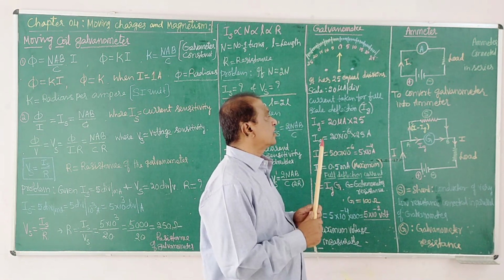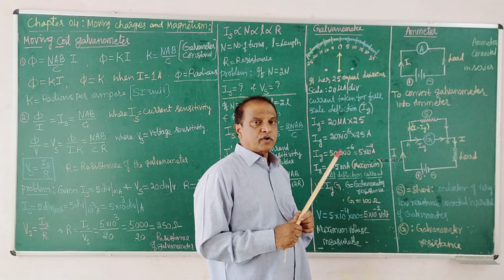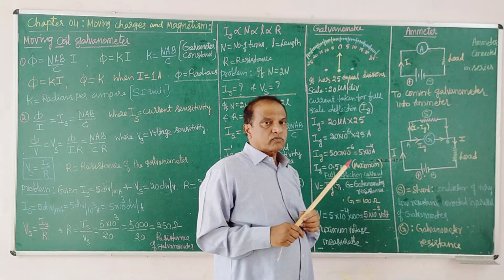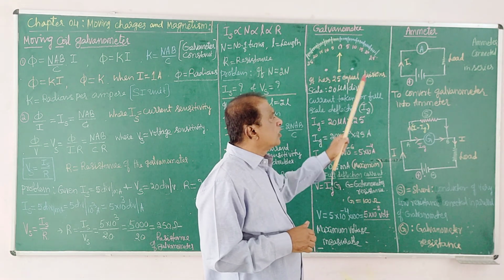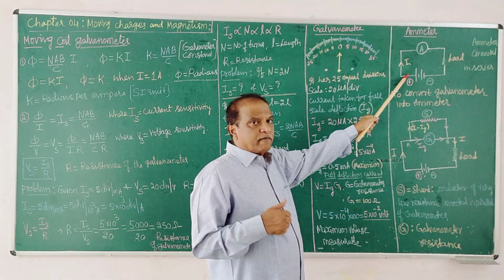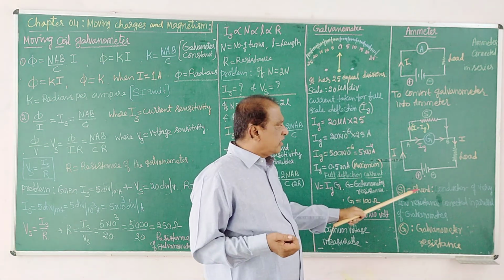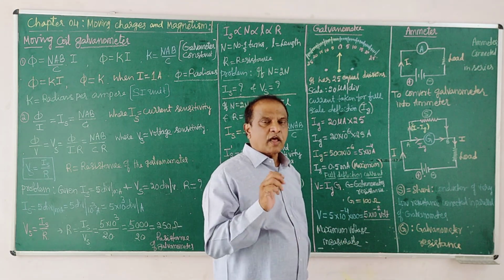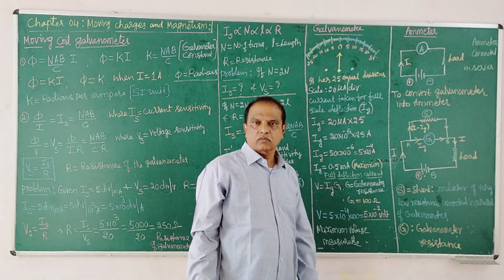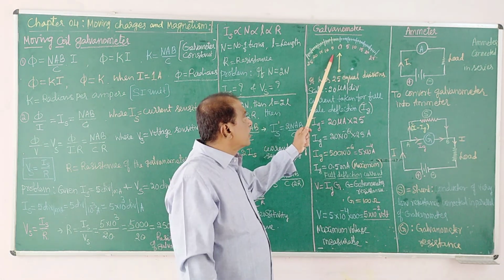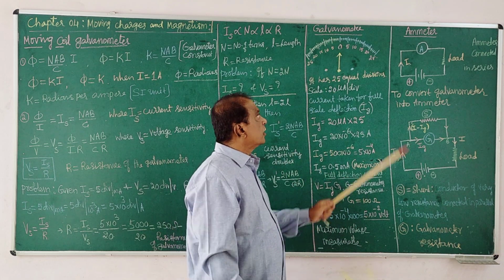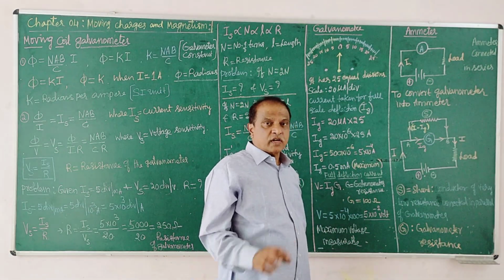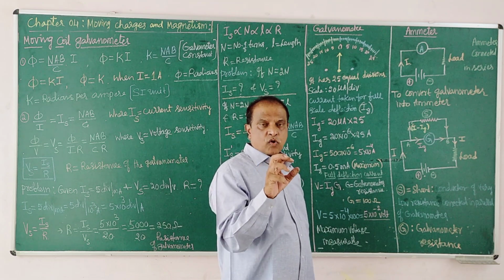How do you measure that current strength and voltage using a galvanometer? If you connect this galvanometer, which has a range like this for current and voltage, directly to a circuit having very high current or very high voltage, what will happen?